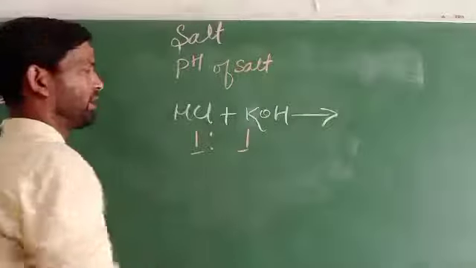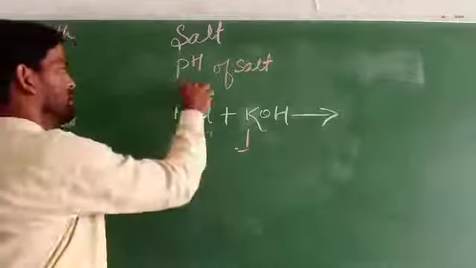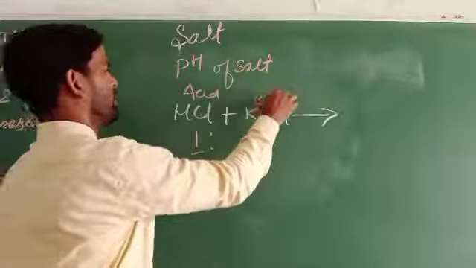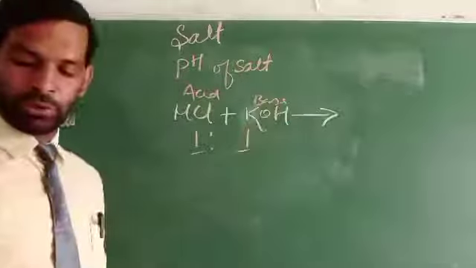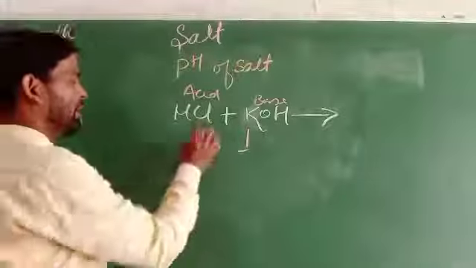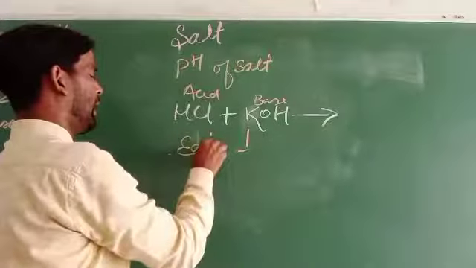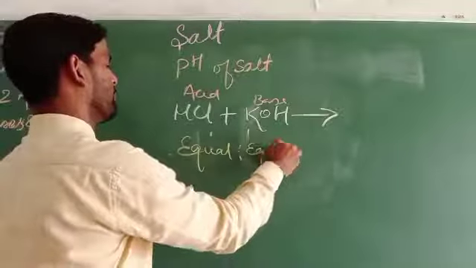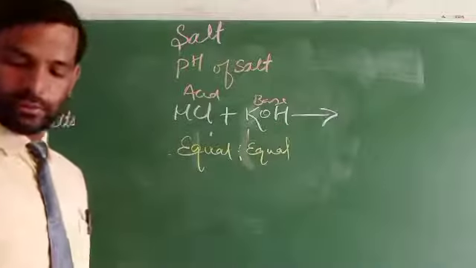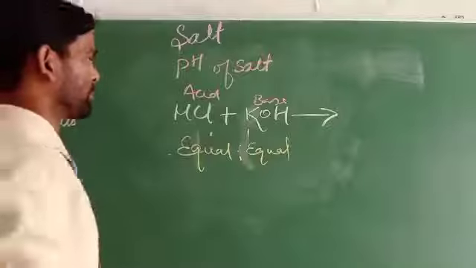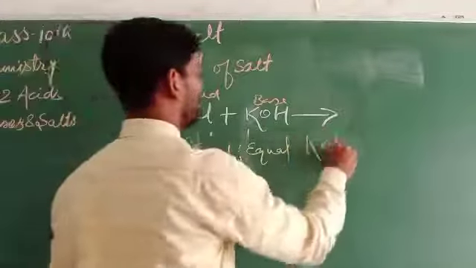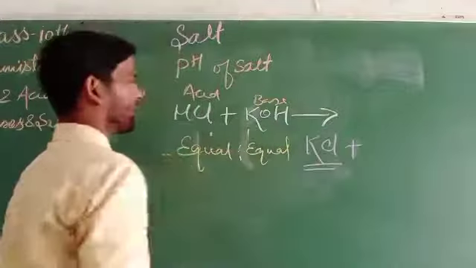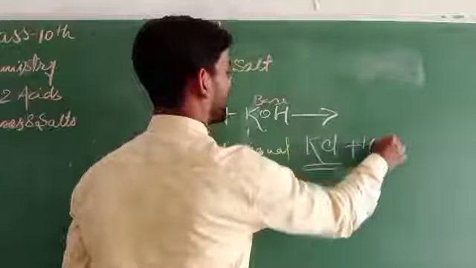One is an acid and the other is a base. If they react with one another in an equal or right proportion, that will form a salt like potassium chloride, and water as well.